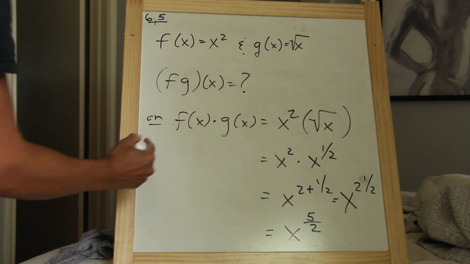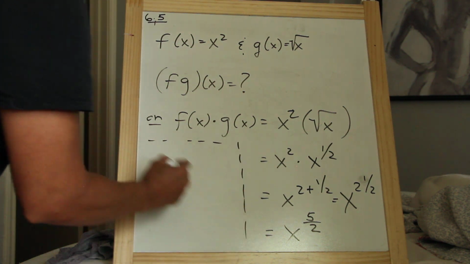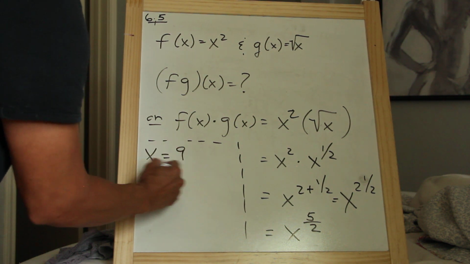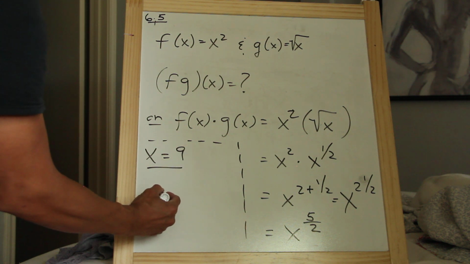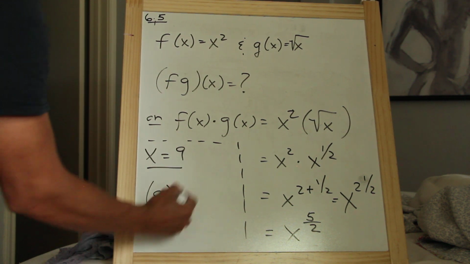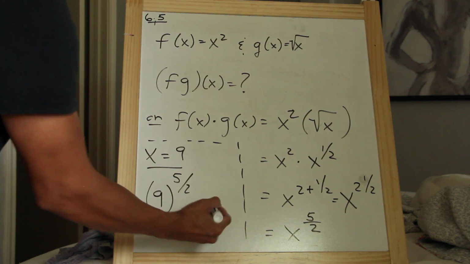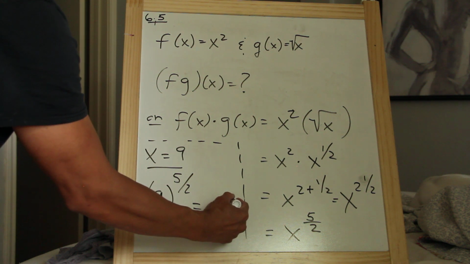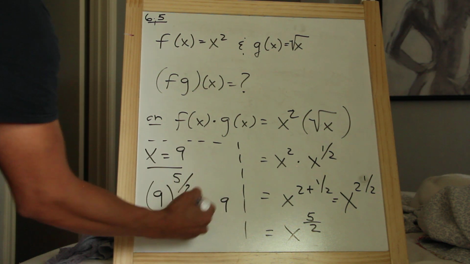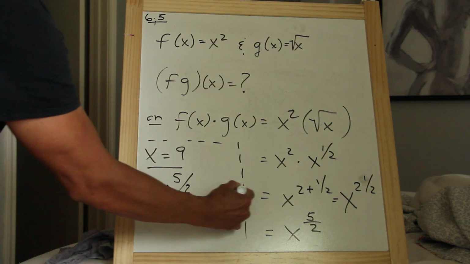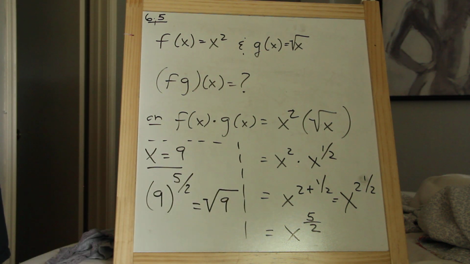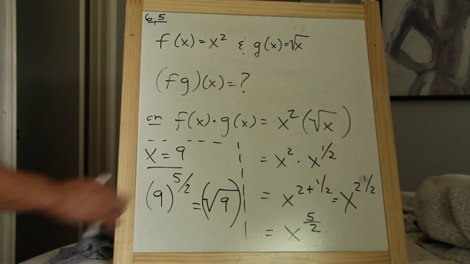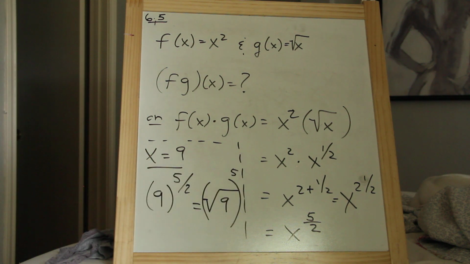The next part is if x were to equal, I believe, 9 in this problem. Then this would become 9 to the 5/2. Now, how do we evaluate that? Remember that we can change this back to 9, and the 2 on the bottom becomes the radical symbol, and then surrounding the whole problem, I raise it to the 5th power.